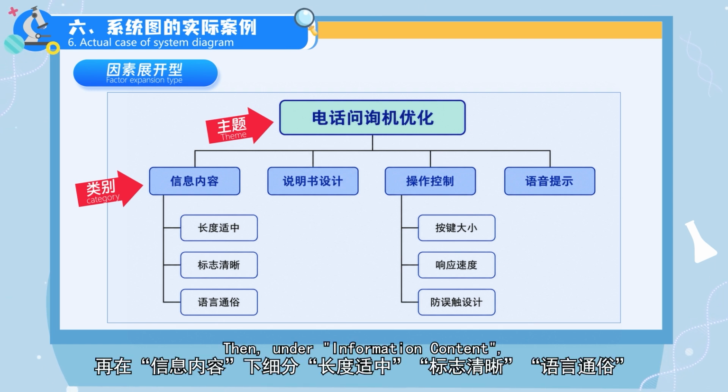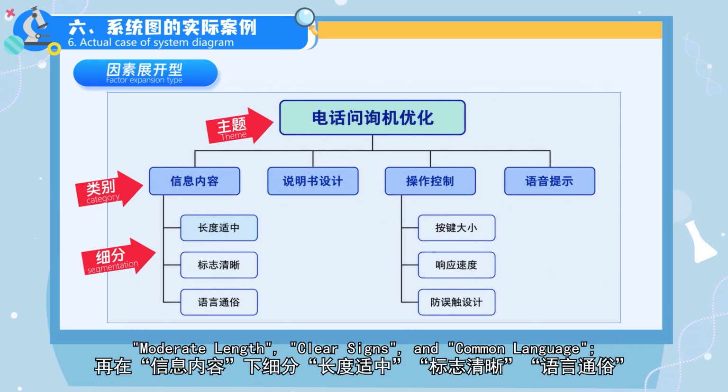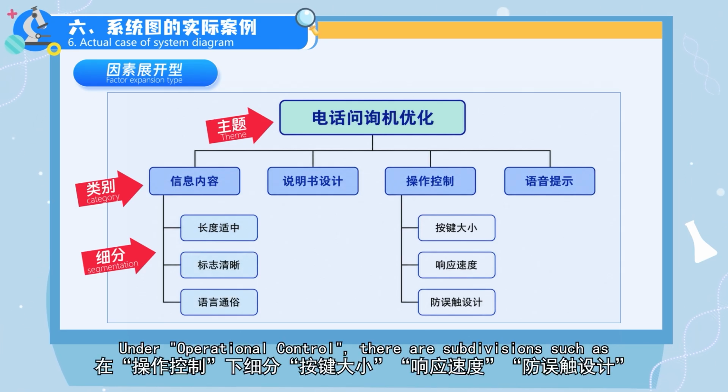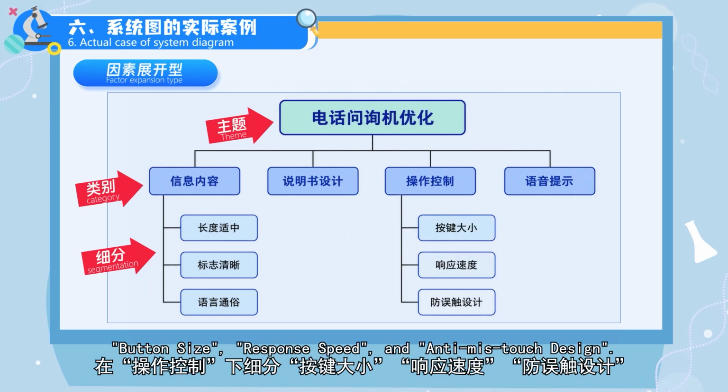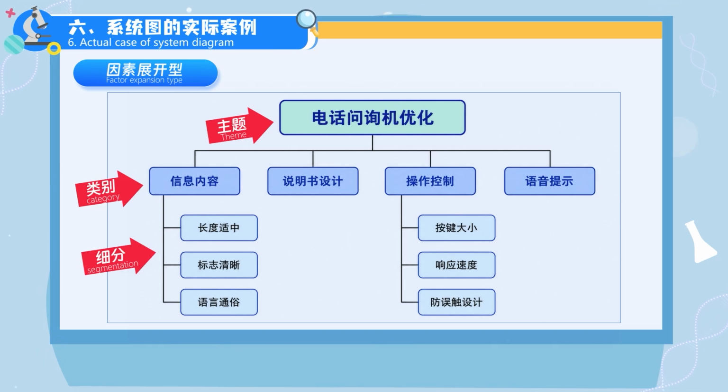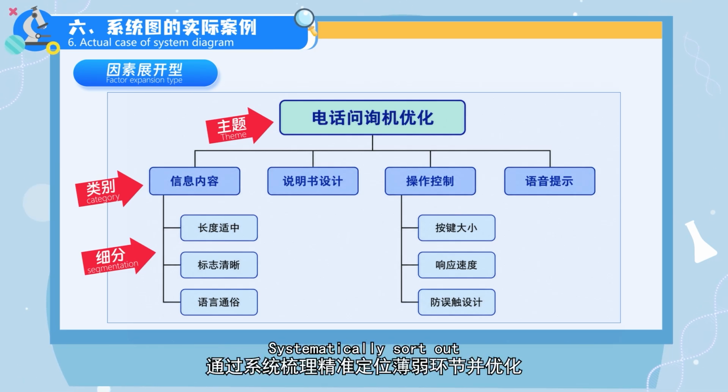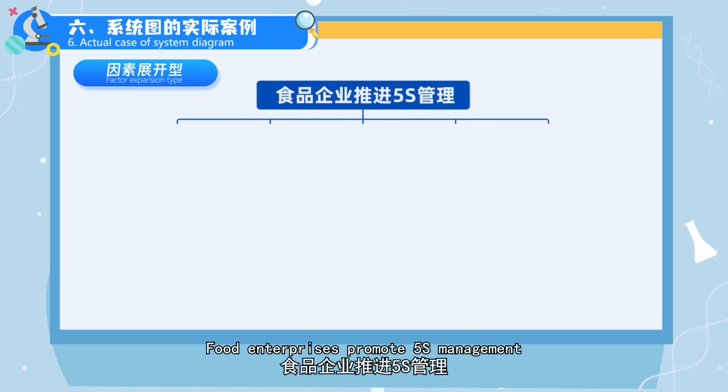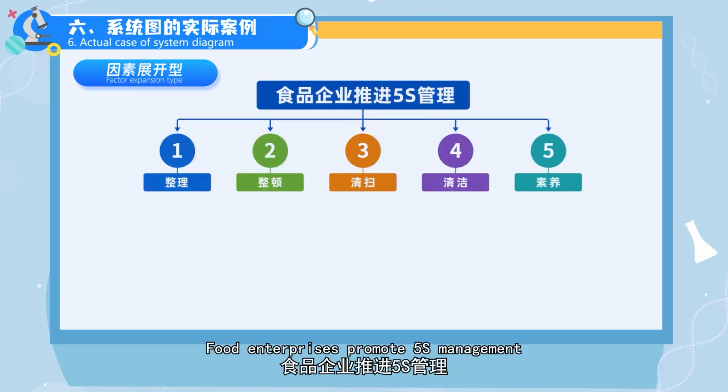Then, under information content, further subdivide into moderate length, clear signs, and common language. Under operational control, there are subdivisions such as button size, response speed, and anti-mistouch design. Systematically sort out, accurately locate weak links, and optimize them. Another example, food enterprises promote 5S management.